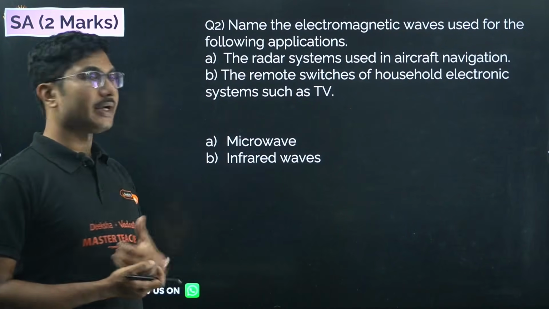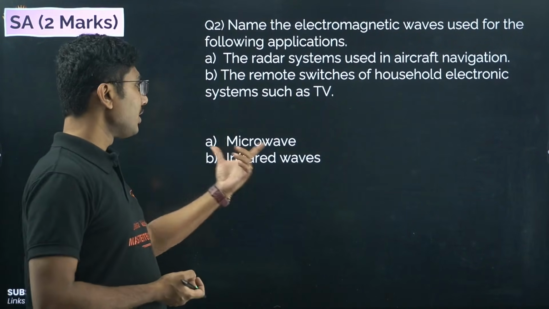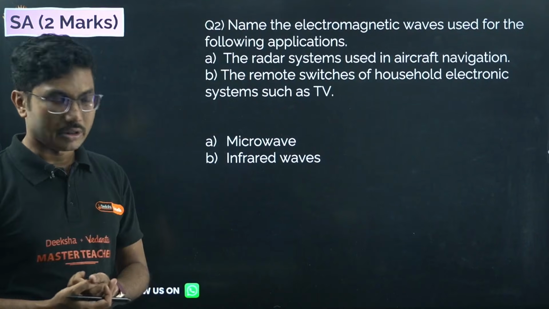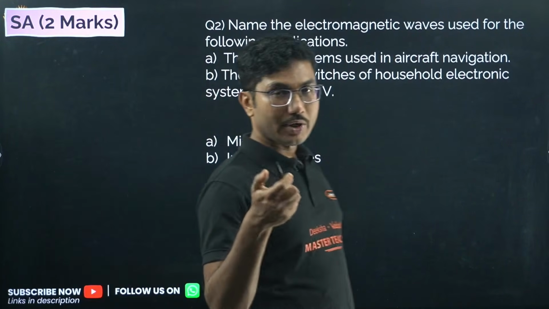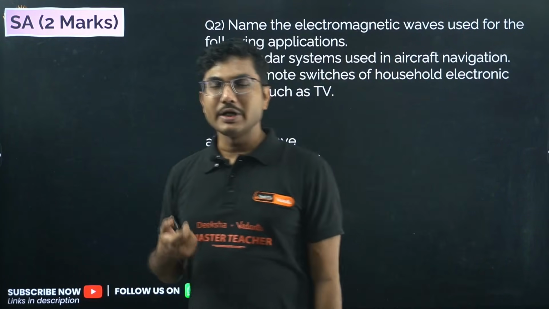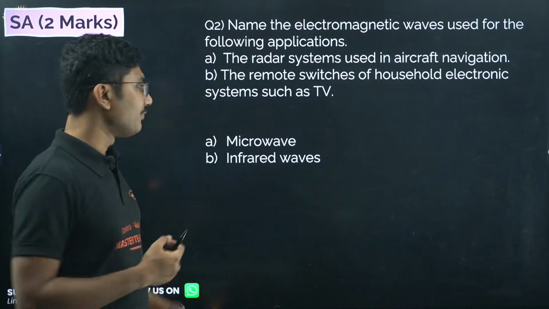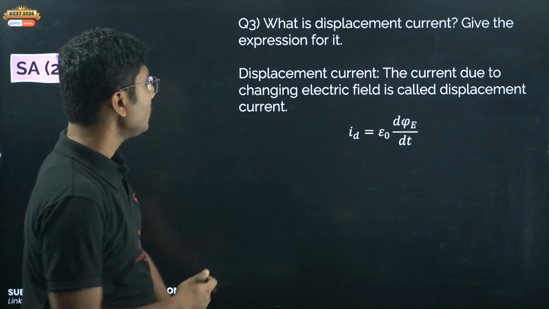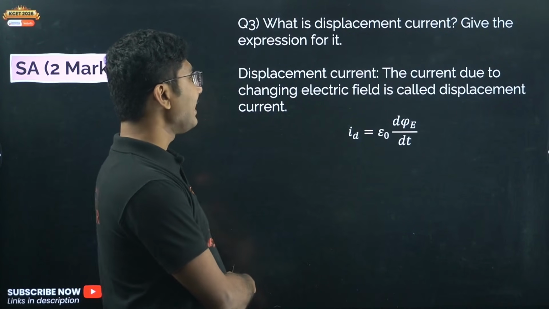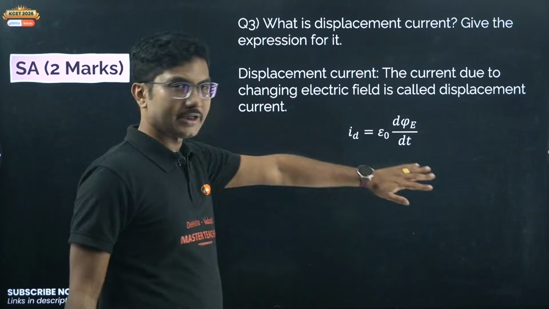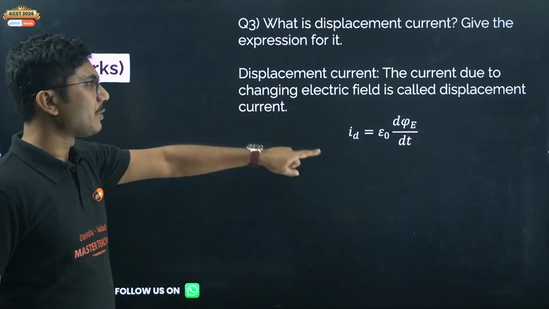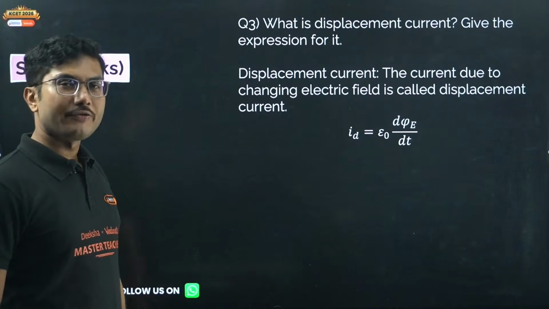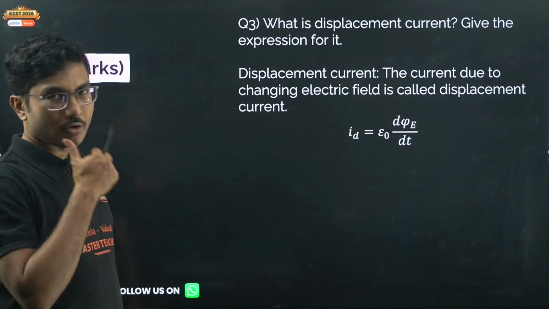And infrared waves. Infrared waves are also used for remote control in TV. If you are using a remote control in your TV, that basically is infrared light. What is displacement current? Give the expression for it. As I mentioned, not only displacement current but also the modified Maxwell Ampere's law is important.